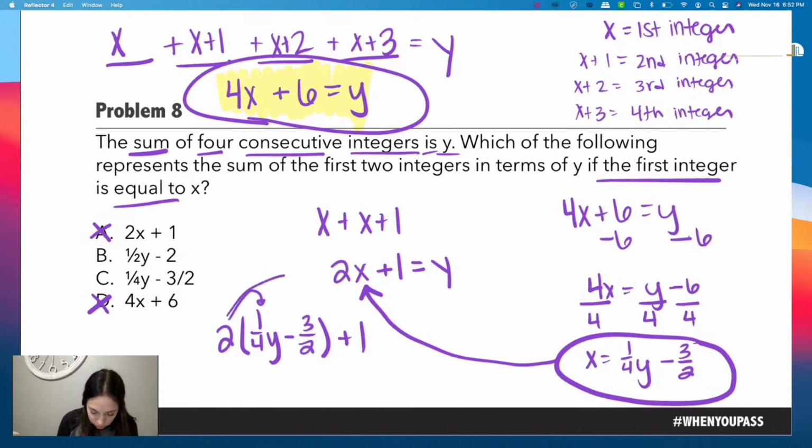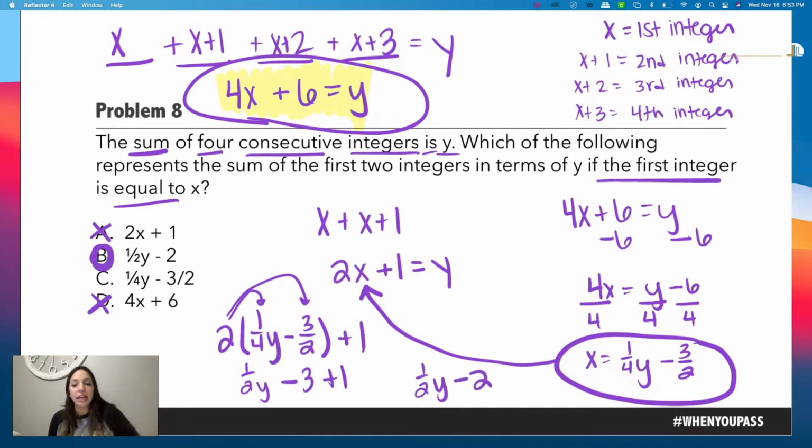Distribute my 2. So 1/2 y minus 3 plus 1, 1/2 y minus 2. B is my answer. I kind of just bulldozed through that problem because I needed to bulldoze through it so that I could go back and explain it.